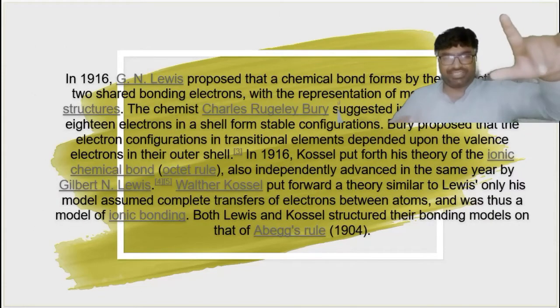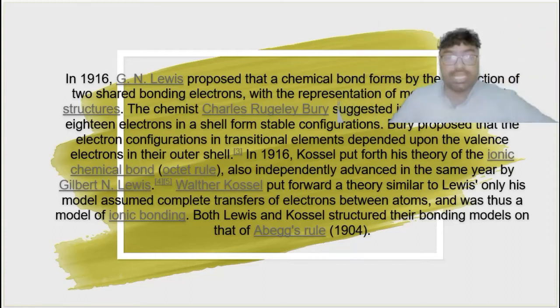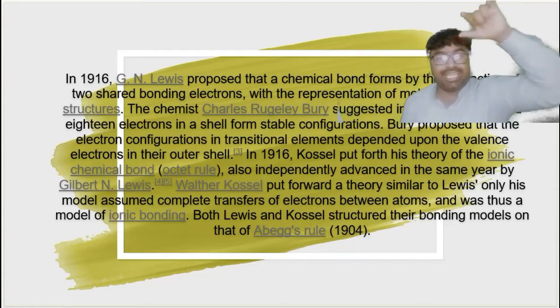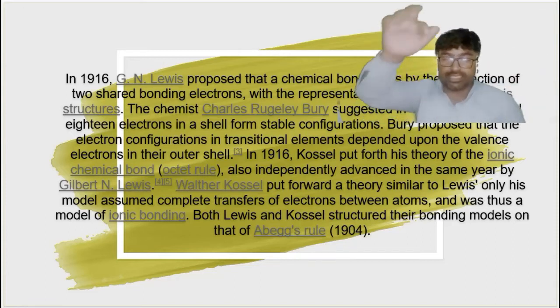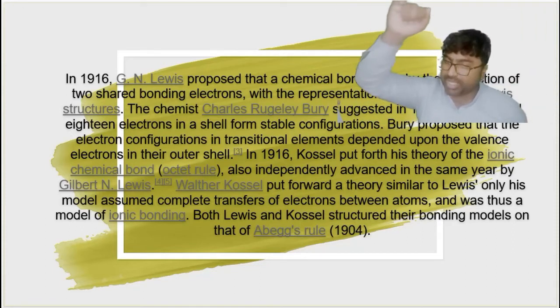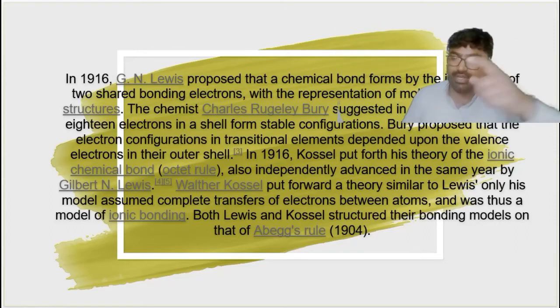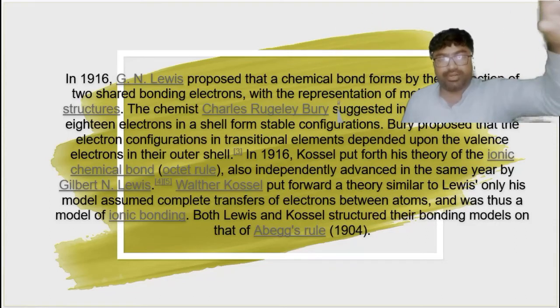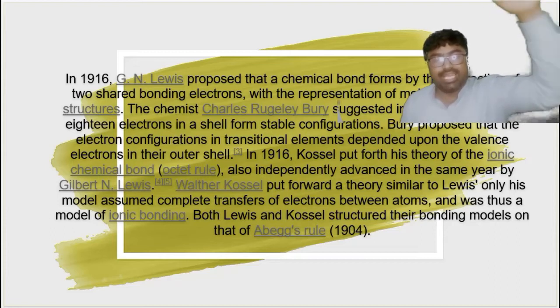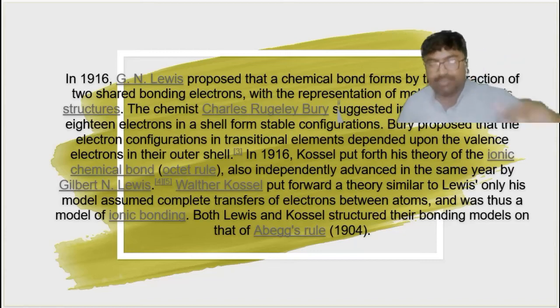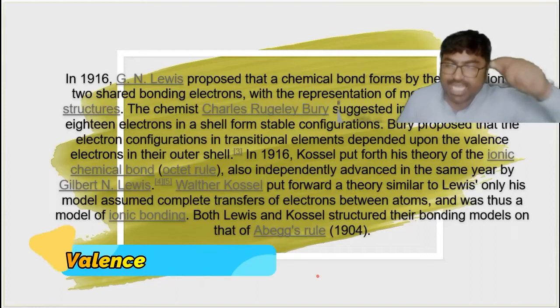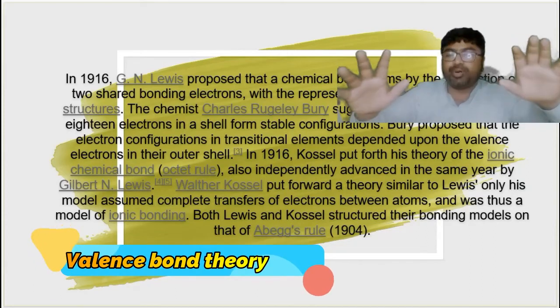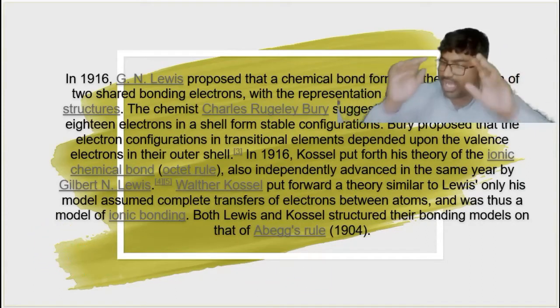In 1916, Gilbert Lewis proposed that a chemical bond forms by the interaction of two shared bonding electrons, with the representation of molecules as Lewis structures. The chemist Charles Bury suggested in 1921 that 8 and 18 electrons in a shell form stable configurations. Bohr proposed that electron configuration in transition elements depends upon the valence electrons in their outer shell.